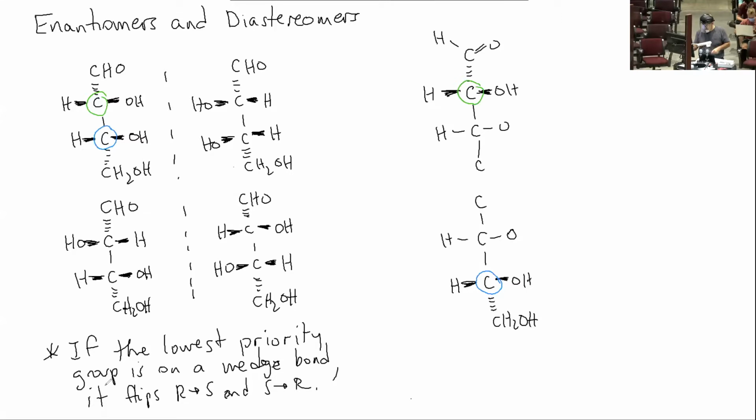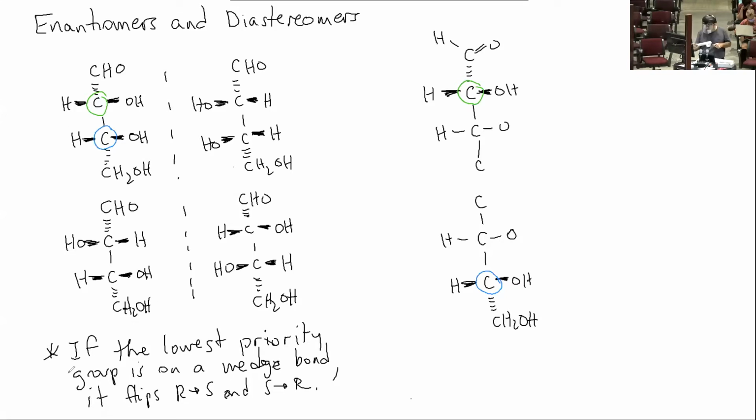I put a rule down here, which is that if the lowest priority group is on a wedge bond, then that means that we'll go through all the steps like we usually do, step by step. But we just need to remember at the last second to change our minds. Since the lowest priority group is on a wedge bond, that means if we were going to say S, if it's a left turn, we'll call it R. And if we were going to say R because it's a right turn, we'll call it S. And that will always be the case.